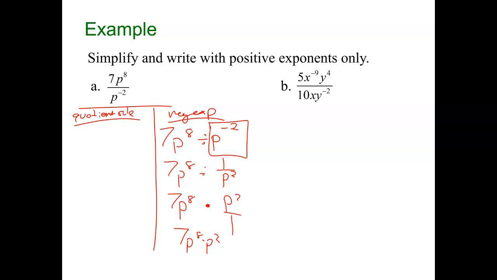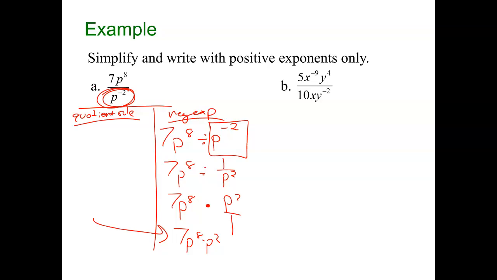So what happened with that p to the negative 2 from here to here? We made it positive, and then put it where? In the numerator. If you have a negative exponent in a denominator, make it positive, move it to the numerator.